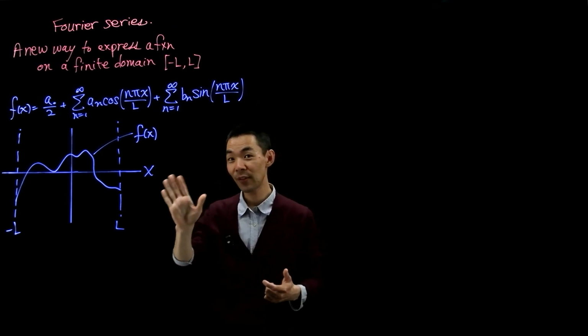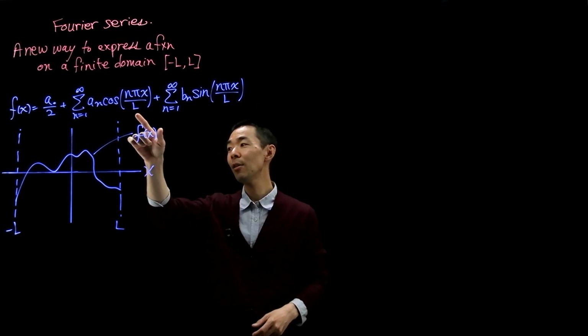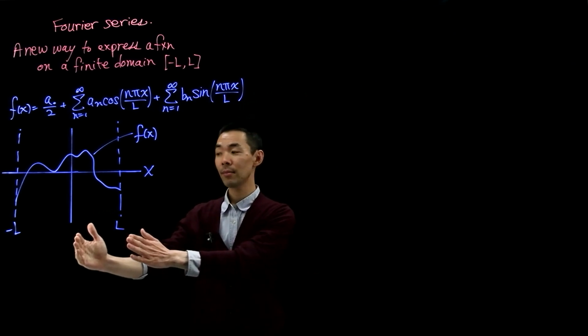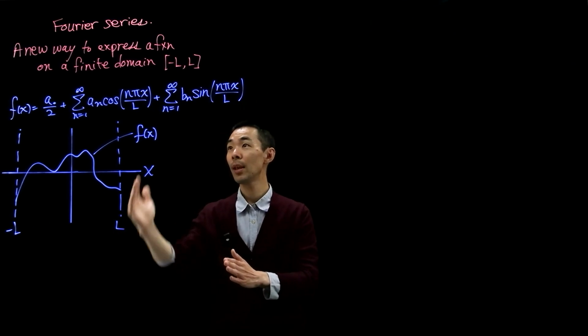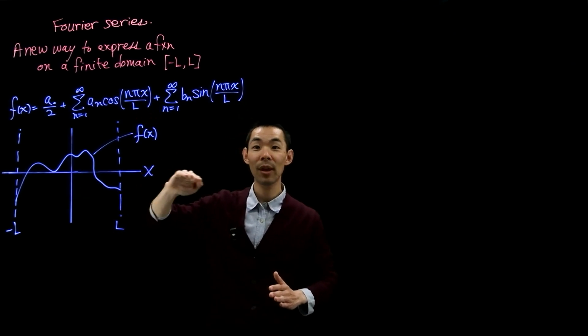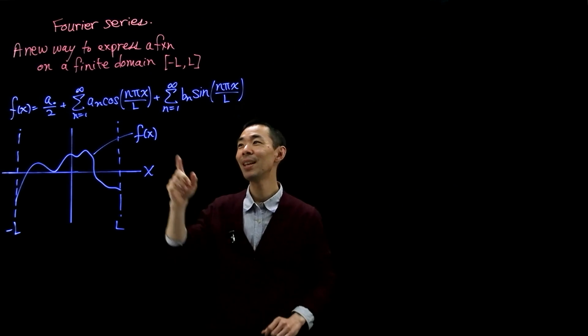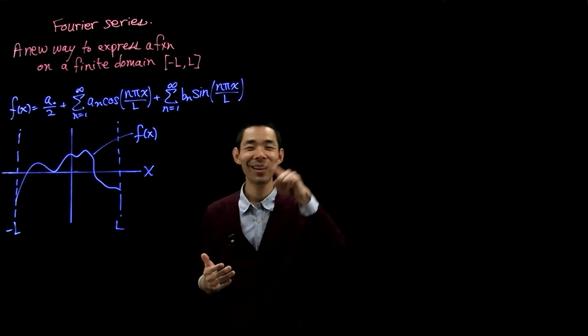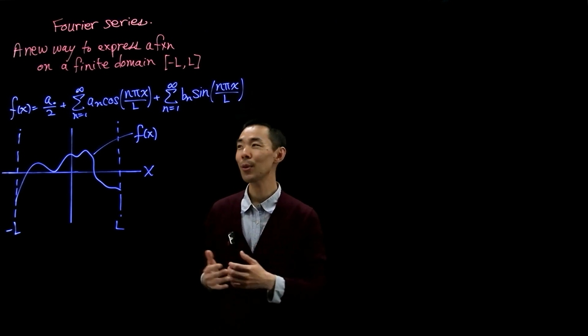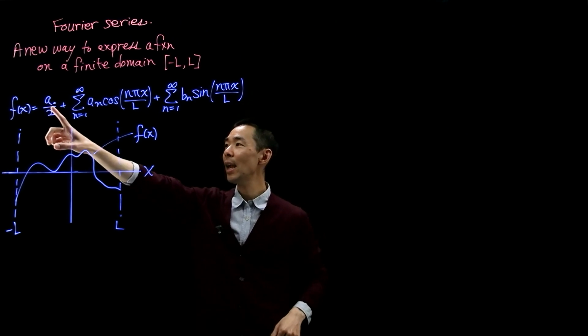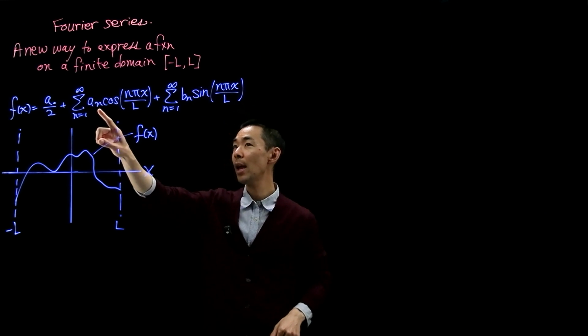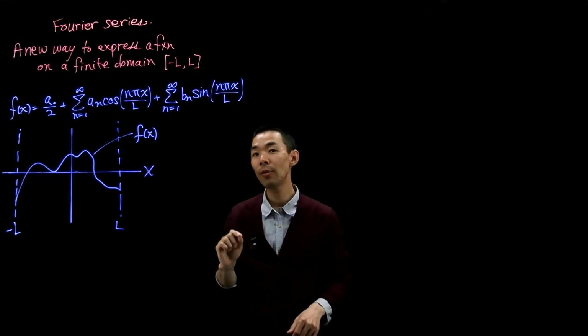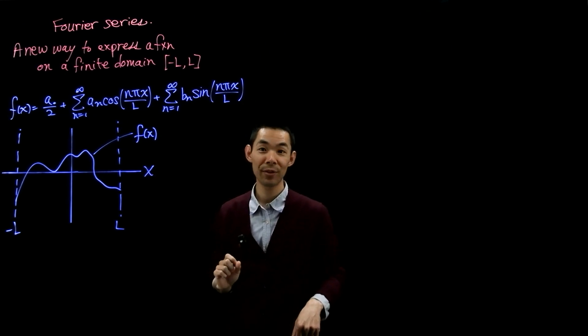Okay, so just defining things here. L is the size of the domain. It goes from negative L to L. x is your independent variable that runs along the x direction. And pi is the usual pi from the equation of the circumference or area of a circle. And the a sub 0, a sub n, and b sub n are called weights or coefficients.